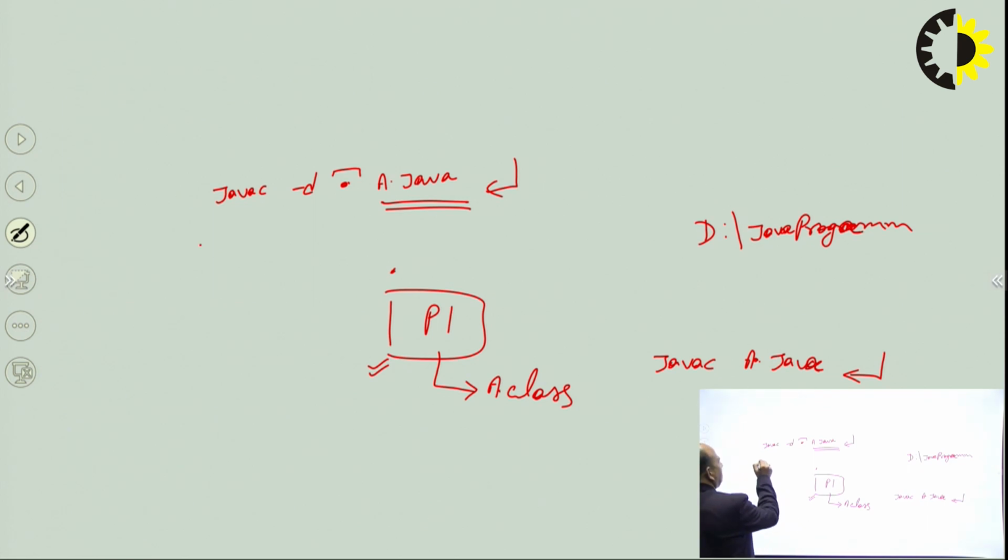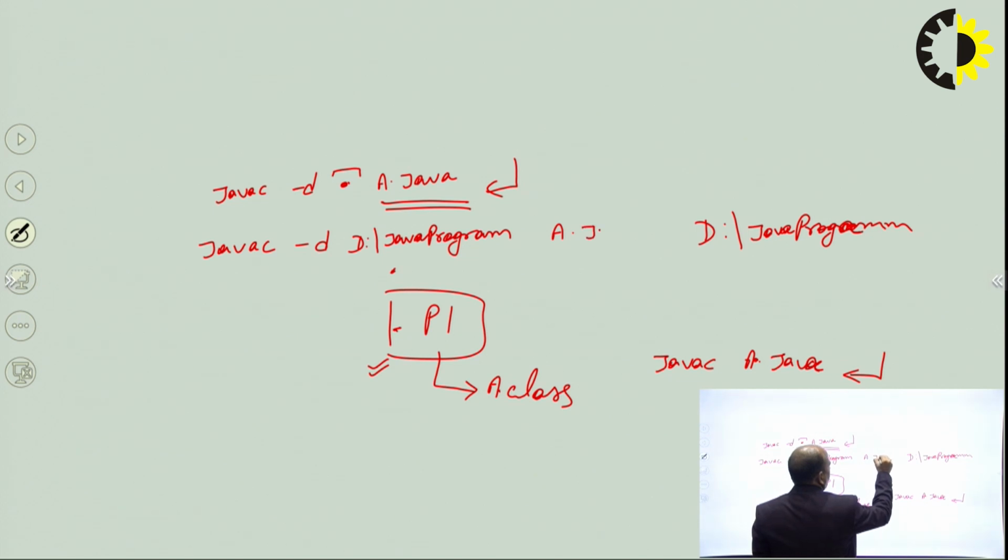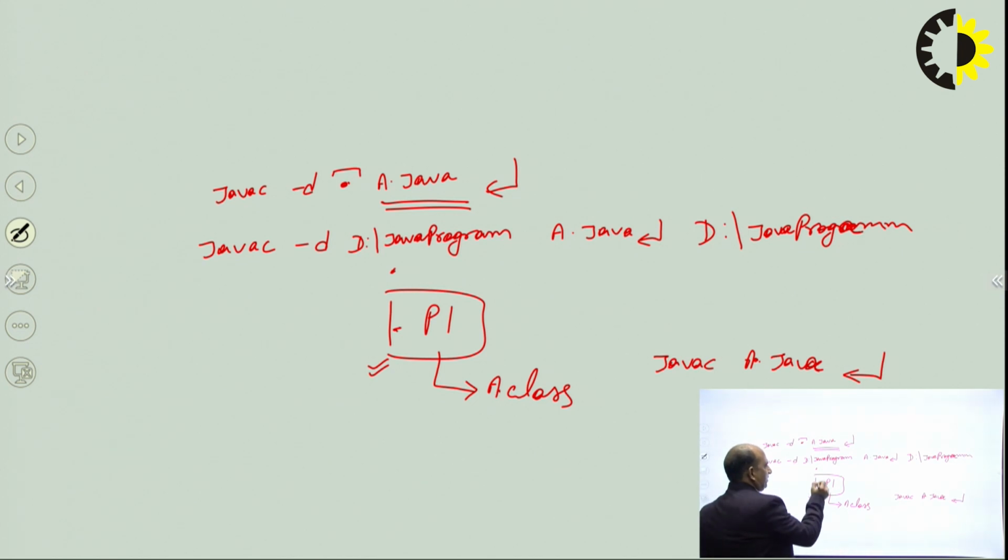Then you should write javac space -d space, and in place of the dot we write D:\Java program, and then space a.java. Now the compiler will create this package at this place and put your .class file there. This way you can compile your code.